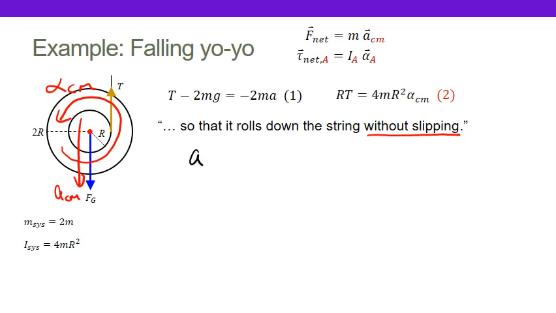It says that the acceleration of the center of mass is equal to the angular acceleration about the center of mass times the distance between the point that's not slipping and my center of mass.